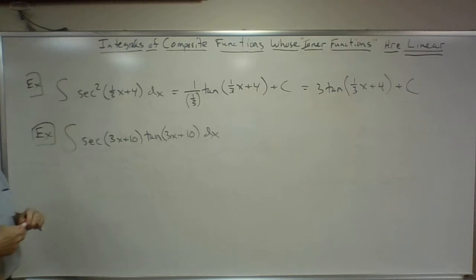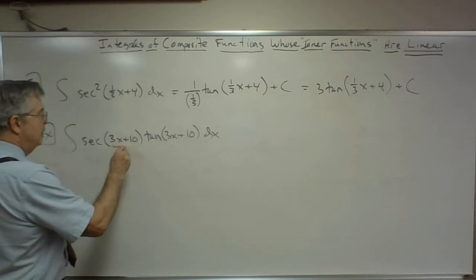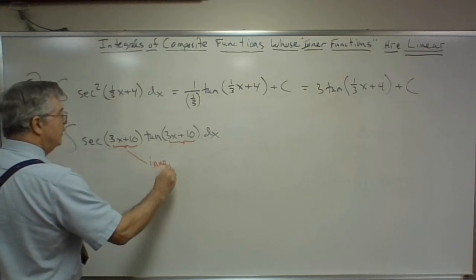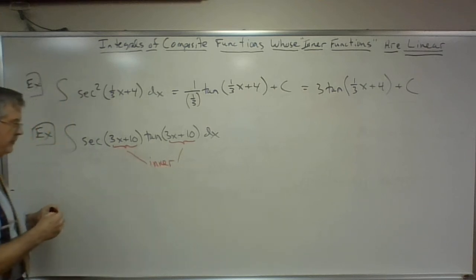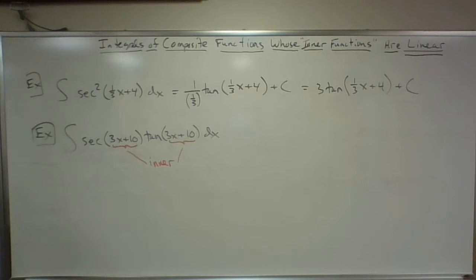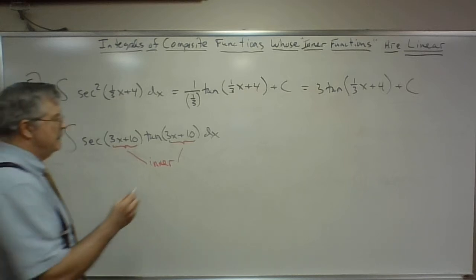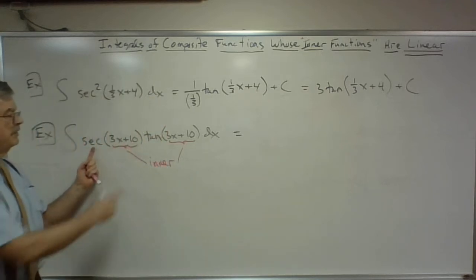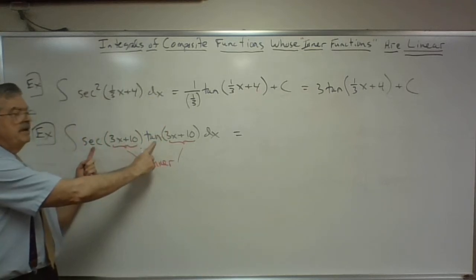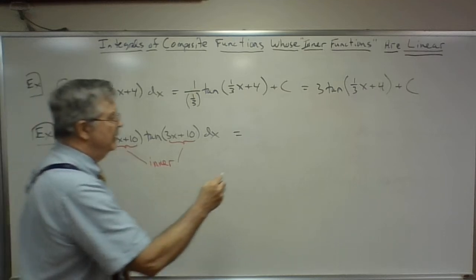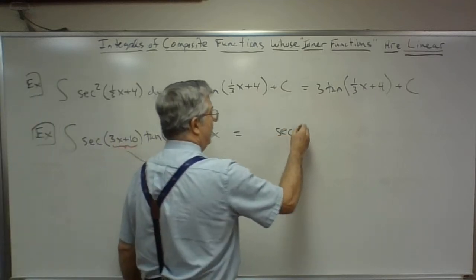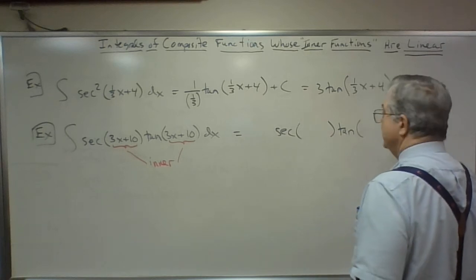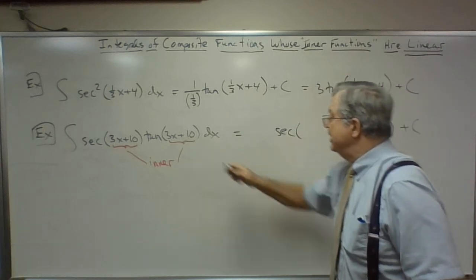The inner function appears twice, but that doesn't mean that it's not the inner function. So what do we do? We compute the derivative of the outer, secant of something, tangent of something, evaluated at the inner.